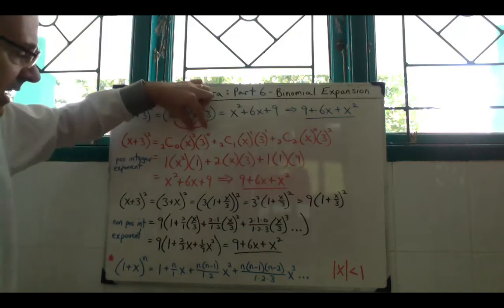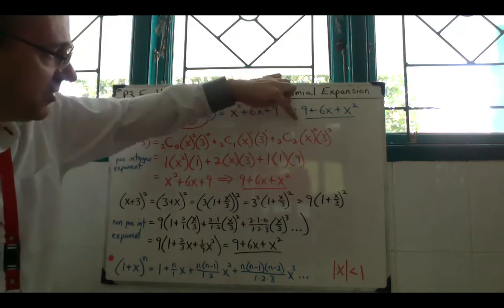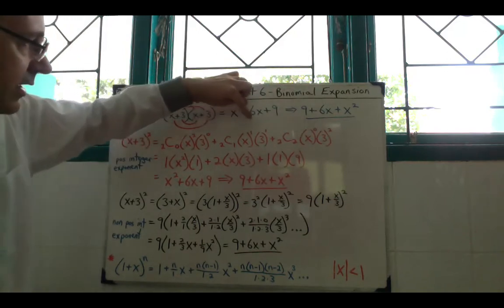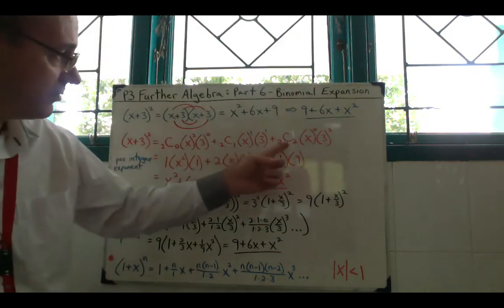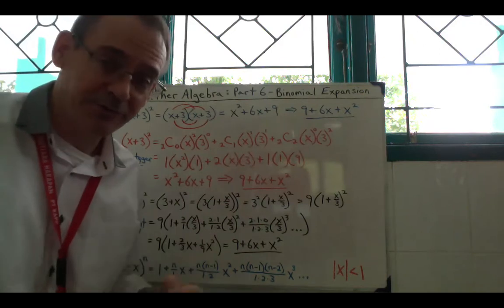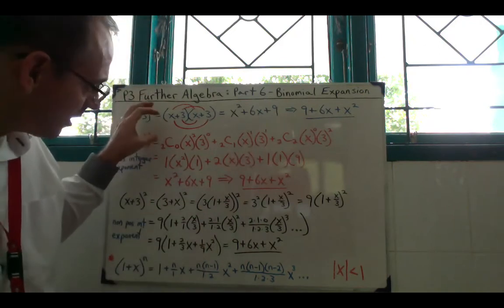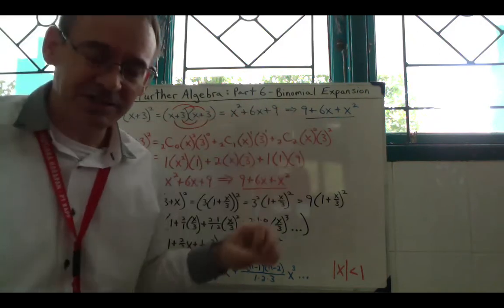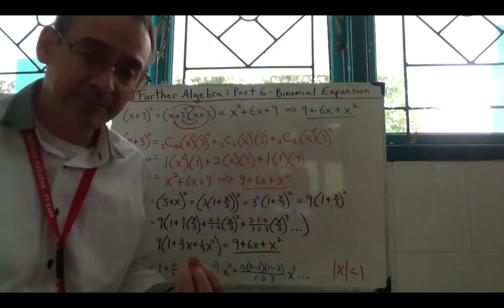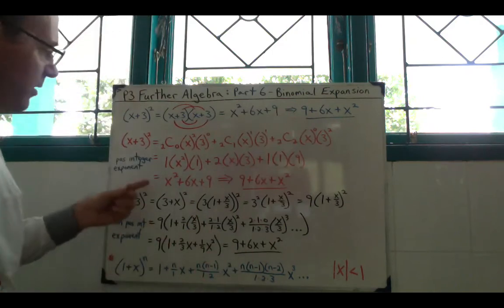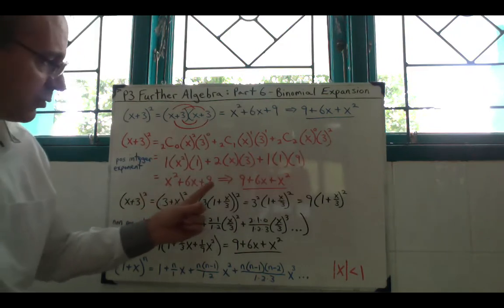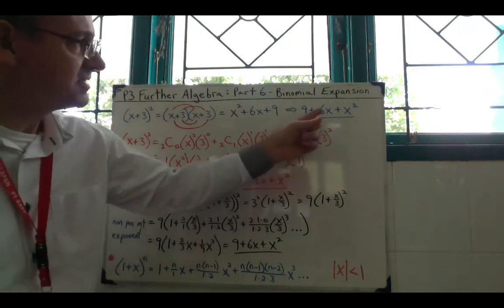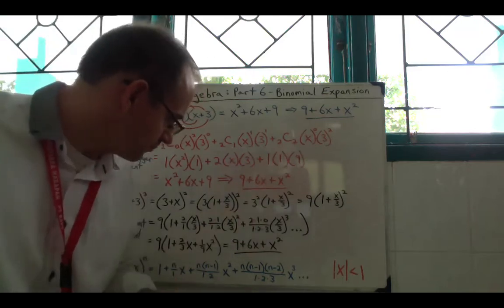So here you see the exponents decreasing from the front, and the back one is increasing by 1, and you see 2C0, 2C1, 2C2 for your coefficients. This is all in the binomial expansion that you learn in Pure Maths 1. And when you calculate those out and simplify it, guess what? You end up with the exact same thing.